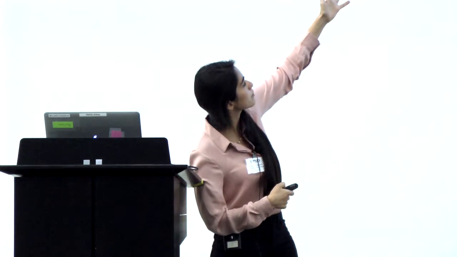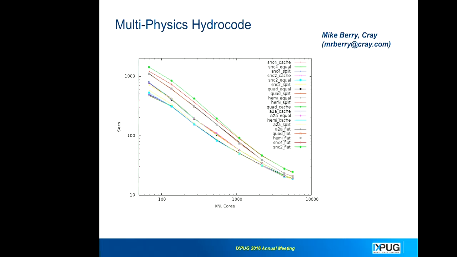If you want to see other results in my slides, running on all the different configurations, I can go right to them. So, this is Mike Berry. These are all the different configurations run. It's a little different: he wasn't doing NC, the NUMA control, which uses the high bandwidth memory, so that's why flat is below.